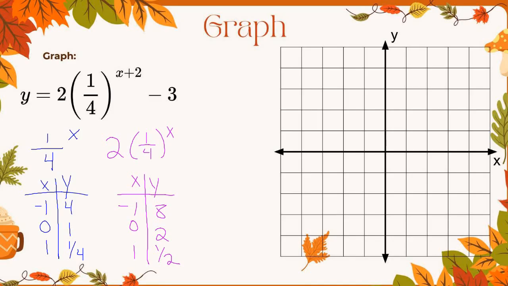So then I'm going to graph those. So -1, 8 is going to be way up there. 0, 2, and 1, 1/2. Okay. So that's going to be the general shape. But then we still have 2 other things. What is our +2 in the exponent doing?